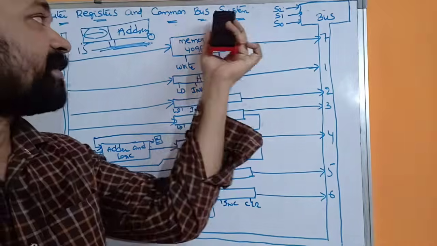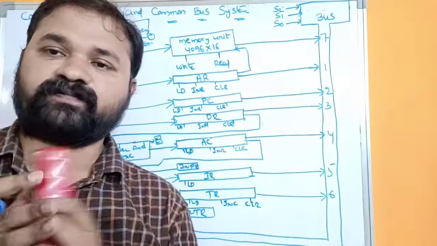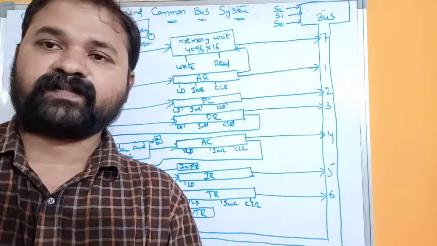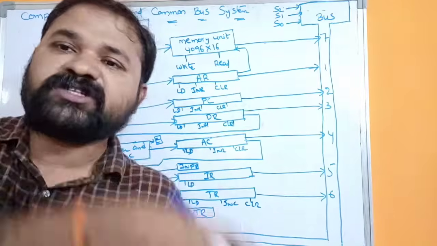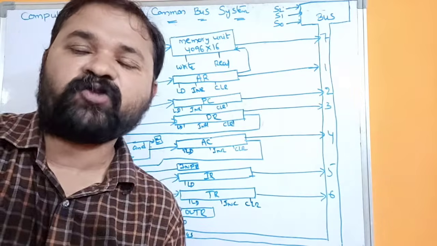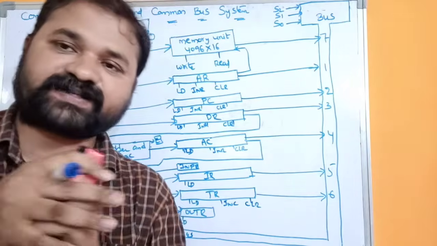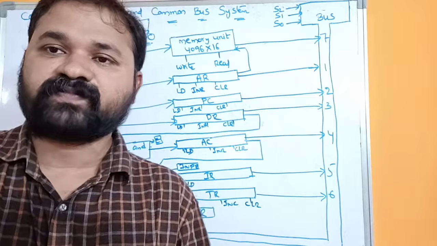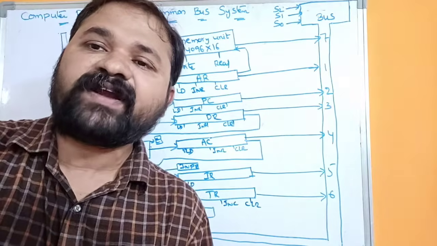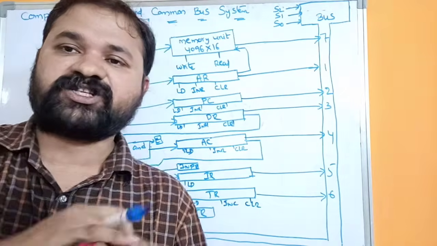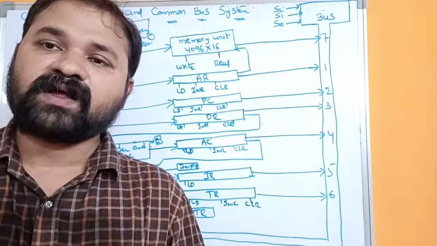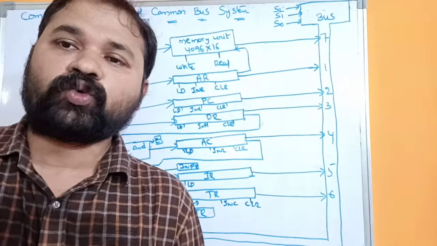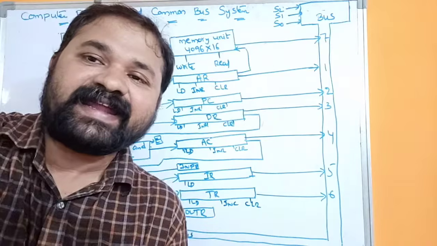Now let's see the advantage of the common bus system. Generally, if you want to perform any operation, the corresponding data will be stored in a register and the CPU performs the operations on the registers. Let us assume that our system contains 100 registers. If we want to transfer data from one register to another register, the output of the first register should be connected to the inputs of the remaining 99 registers.